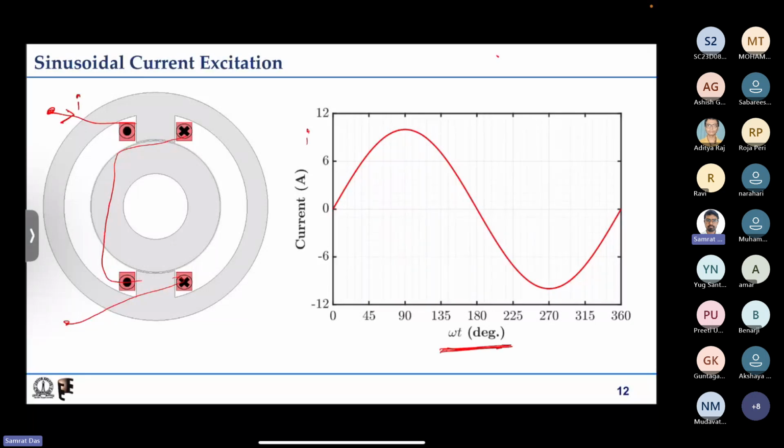Now you have to be careful. This is 0 to 360 degrees, this is omega t. Omega t is the time angle, an angle dependent on time. With time this angle keeps on changing. That is what we mean by time angle, and the current is sinusoidal with that excitation that we are giving here.